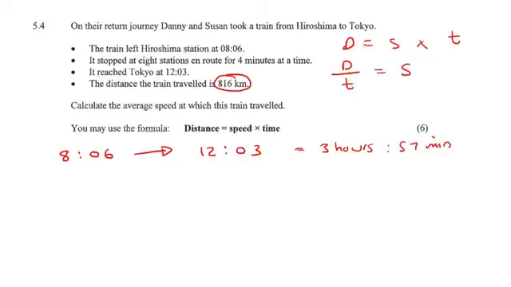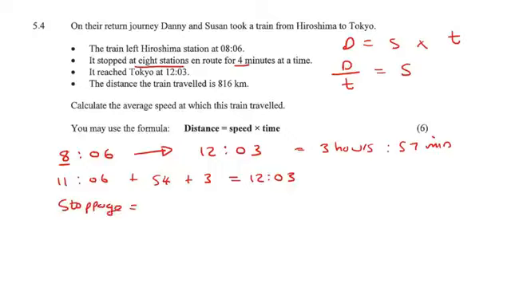Okay, because 3 hours would take you to 11:06, and then if you add 54 minutes and then another 3 minutes, it will take you to 12:03. Okay, so that's how long it traveled for. But it stopped 8 times for 4 minutes every single time. So the stoppage time would be 8 times 4, which is 32 minutes.